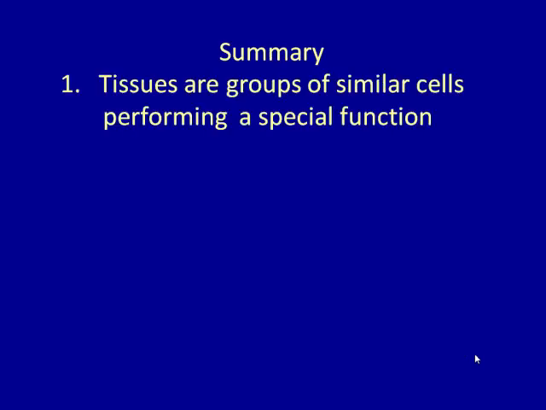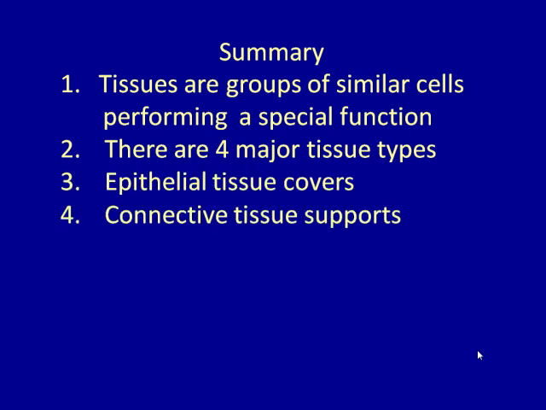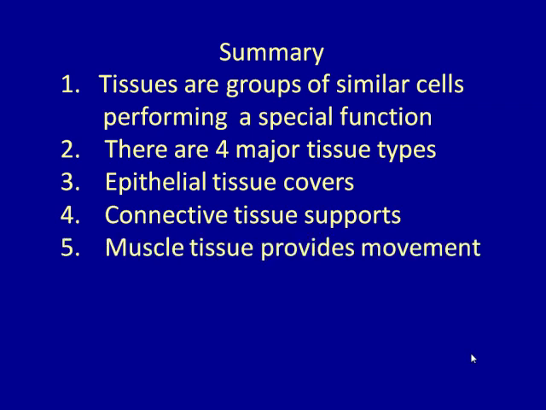So, in summary, tissues are groups of similar cells that perform a special function. There are 4 major tissue types: epithelial, connective, muscle, and nervous. Epithelial tissue covers and lines things. Connective tissue supports, protects, holds things together.